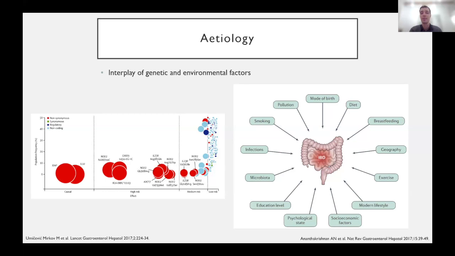But taken together, and this is a rough estimate, getting bigger every year, we now know around 250 loci associated with IBD, and mutations in these loci explain or account for roughly 10 to 15% of IBD we see in daily clinical practice.